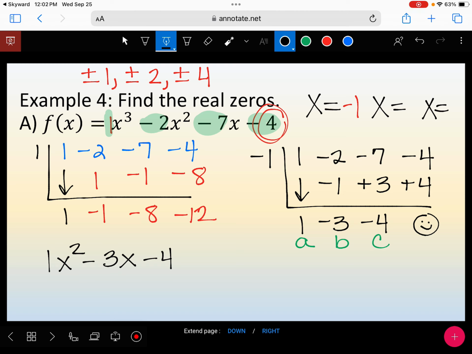Go ahead and find your 2 numbers that multiply to give you -4, but add to a -3. They multiply to give you a times c and add to give you b.